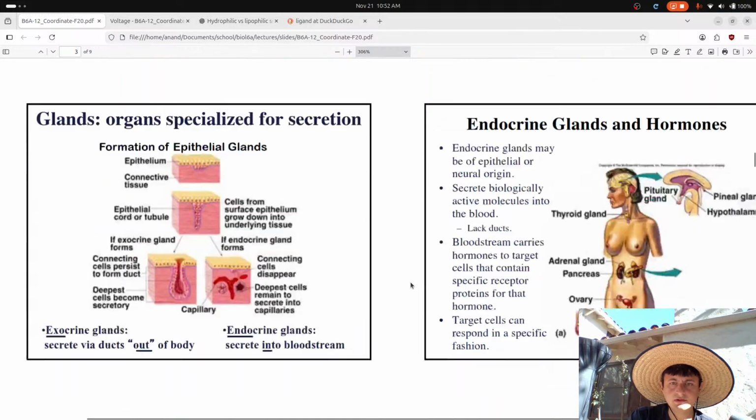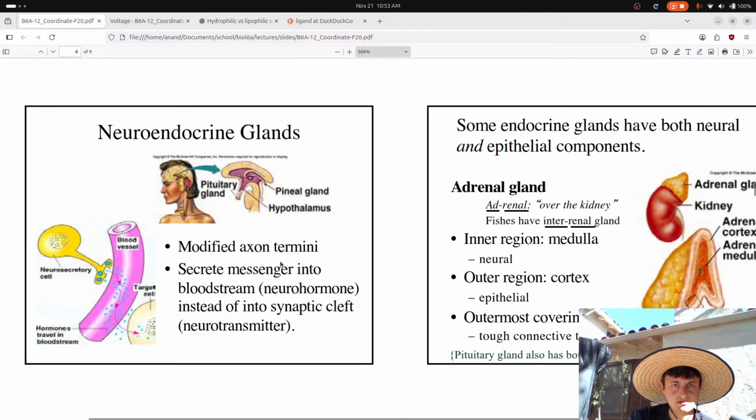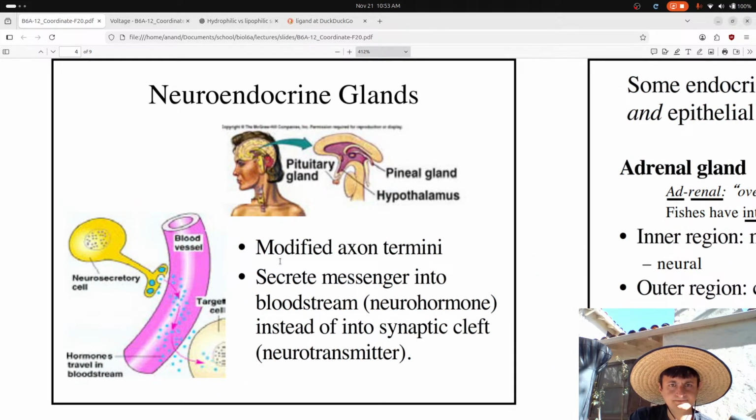I don't think so. All right. So I guess the main thing is that neurohormone goes to blood, but a neurotransmitter specifically goes to synaptic cleft. Okay.